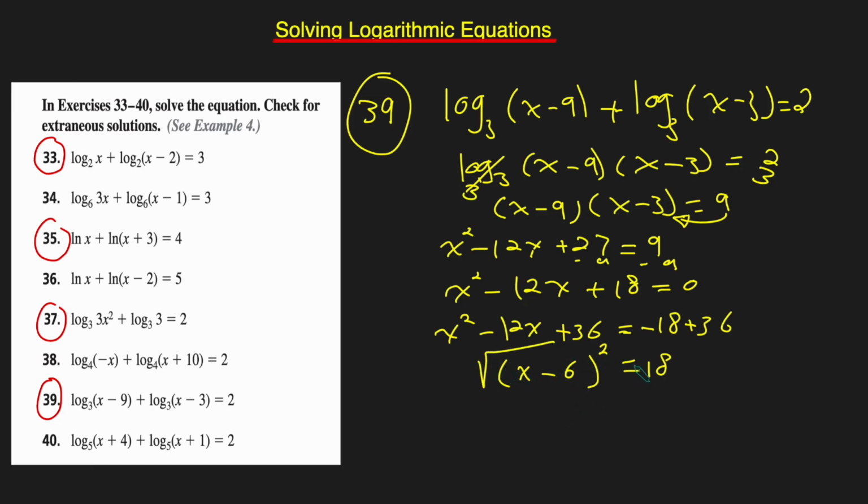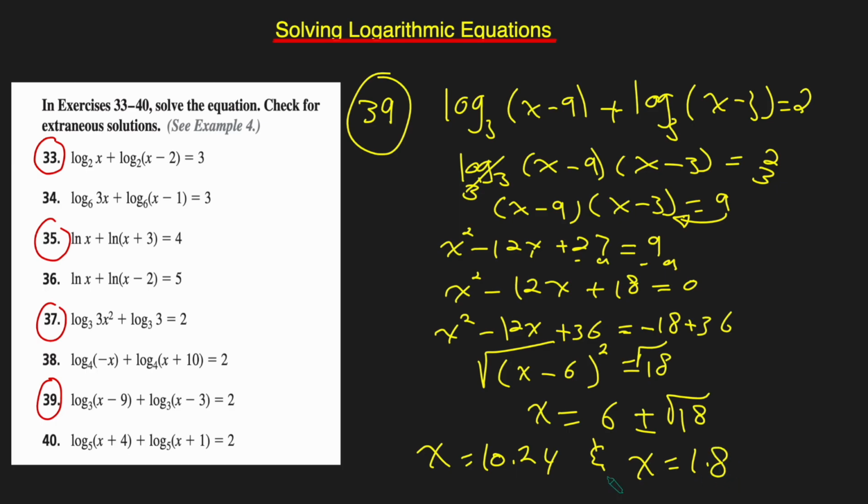And if I do the square root, then I'm going to end up with x, and solving for x, move 6 to the other side. I'm going to end up with 6 plus or minus square root of 18. And if I do the calculator stuff, then I'm going to end up with x equals 10.24 and x equals 1.8.